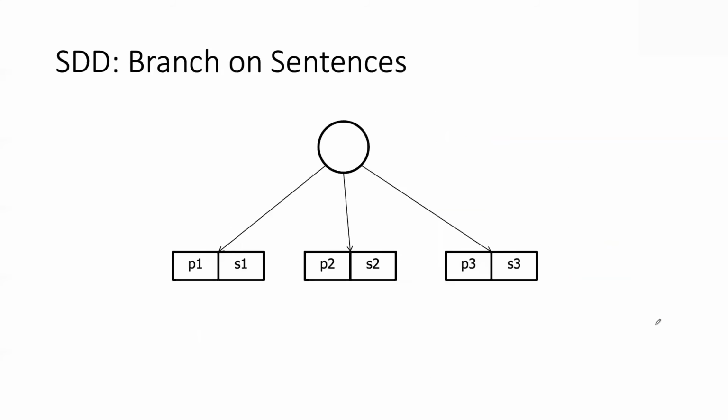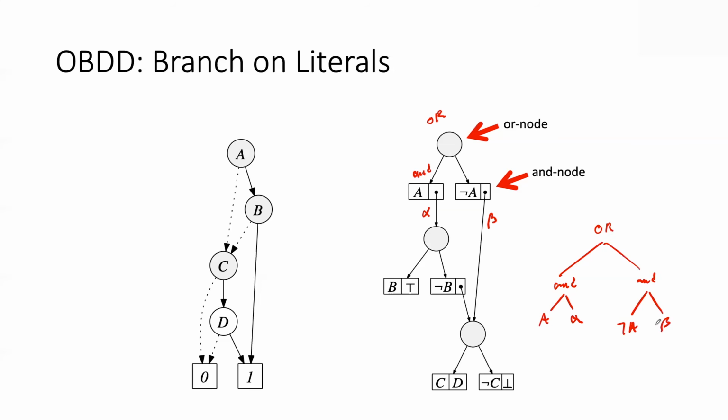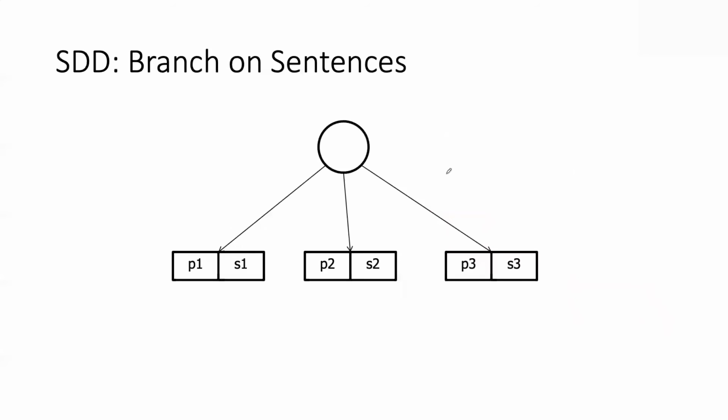So you can think of OBDDs as representing this, right? And we'll call this again a decision node, and it has two children. And the reason we're doing it this way, because in SDDs, we'll have something similar, except that a decision node would look like this now.